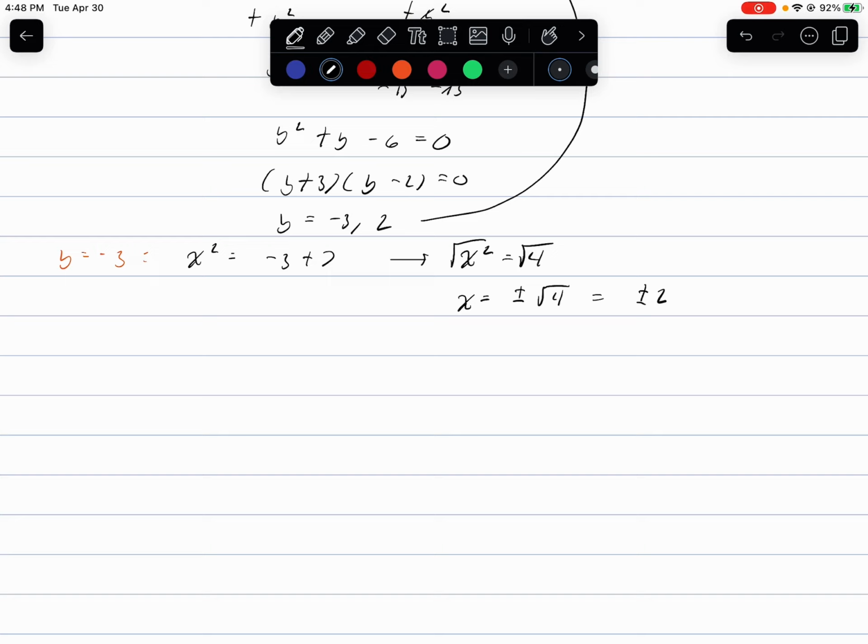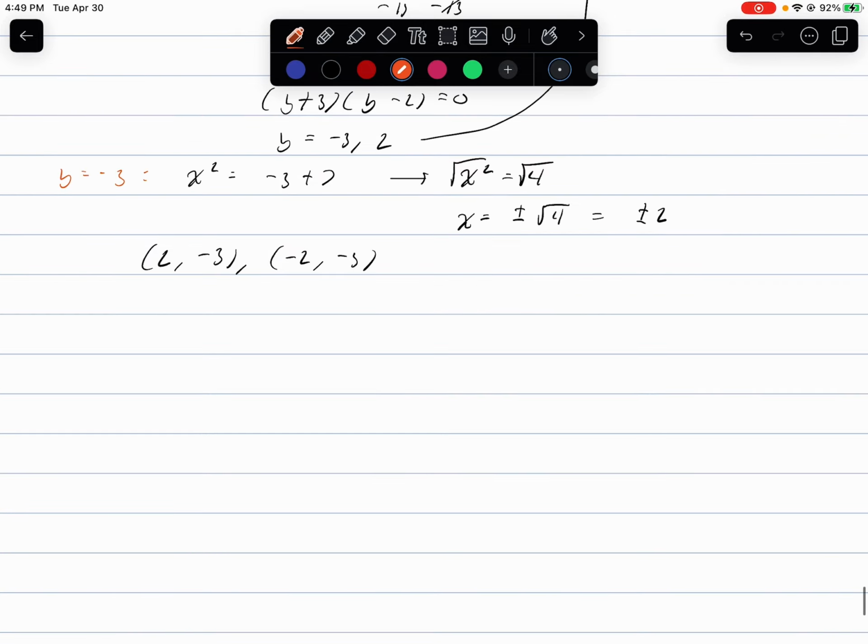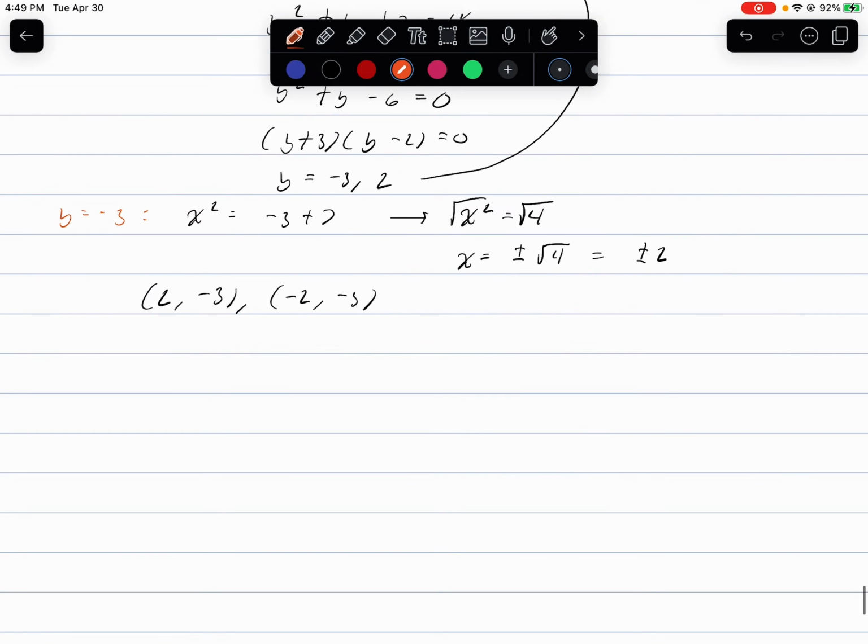So our 2 points that come out of here are x equals 2, y equals negative 3, and x equals negative 2, y equals negative 3. Okay. And then we have our other y value, which is y equals 2.